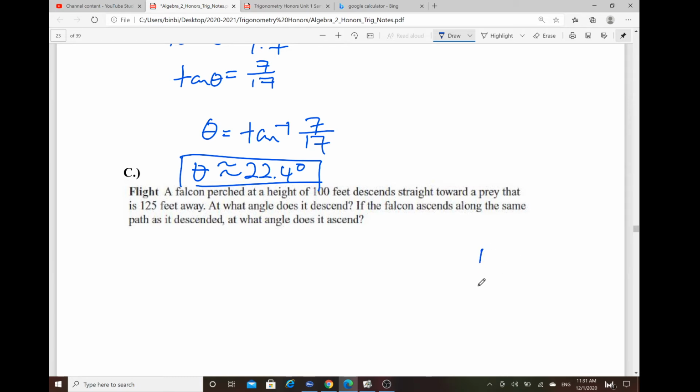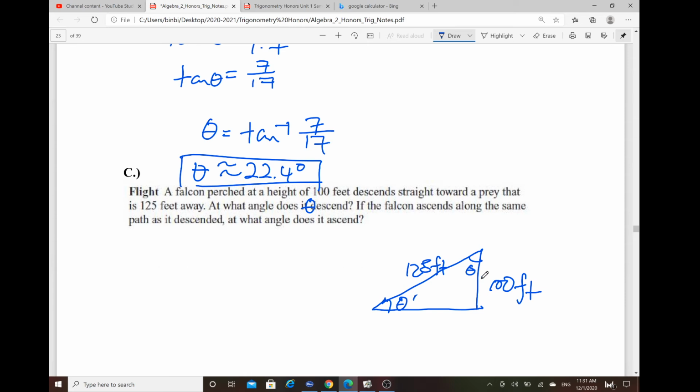So the height is 100 feet off the ground, going straight toward a prey that's 125 feet away. We're looking for this angle here, theta, for the descent. For the ascent, we're looking for the other angle, so let's say this one is theta prime.